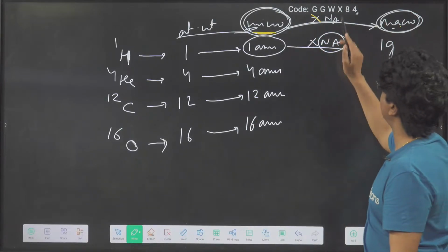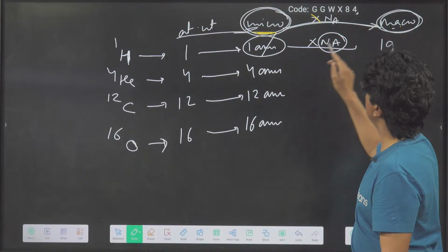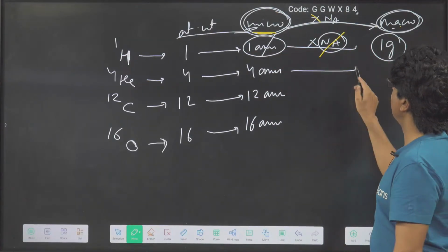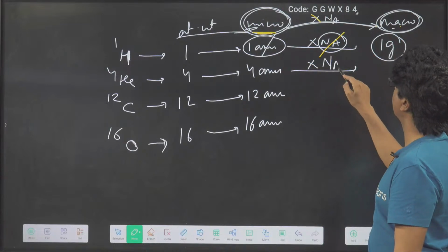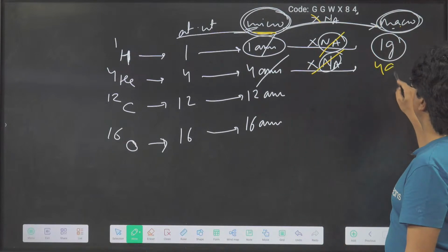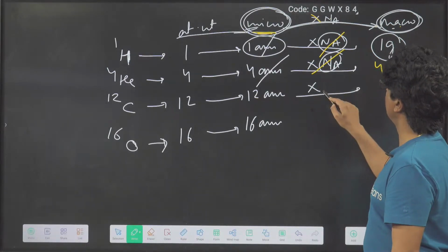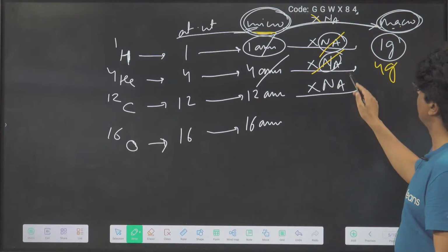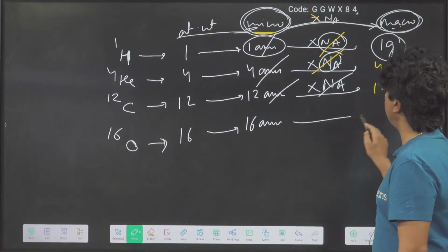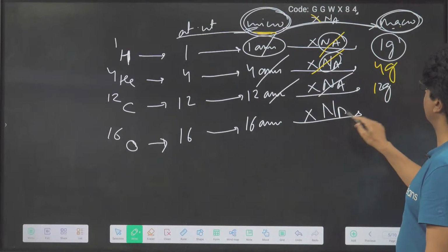When you multiply by Na, we all know that AMU and Na are reciprocal, and I'll get 1 gram. Similarly out here, into Avogadro number, Na and AMU will cancel, and I'll get 4 gram. Out here, into Na, use the switch to go into the macroscopic world. Na and AMU are reciprocal, and I'll get 12 grams.